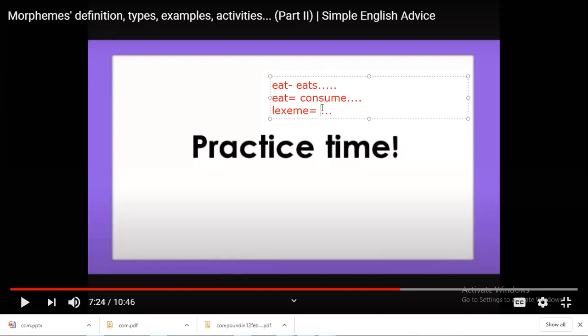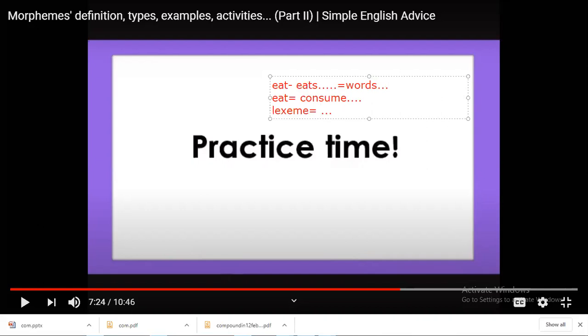Eat and consume are two lexemes, but different forms of eat are words, right? I'm talking about words, and selection of words.